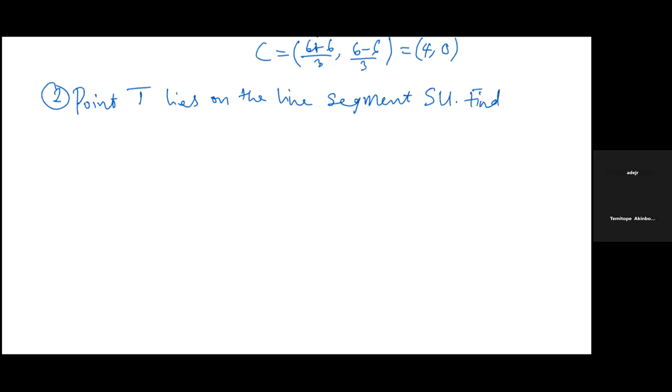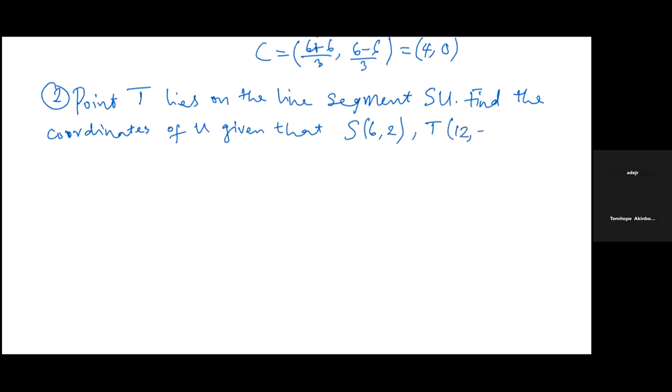Find the coordinate of U given that S is (6, 2), coordinate of T is (12, -4), and the ratio ST to TU equals 3:2.